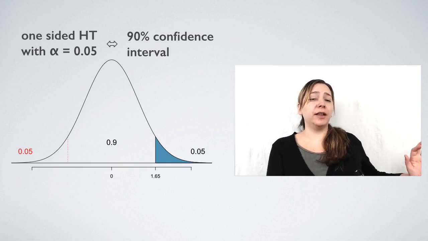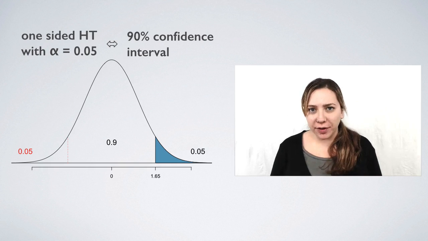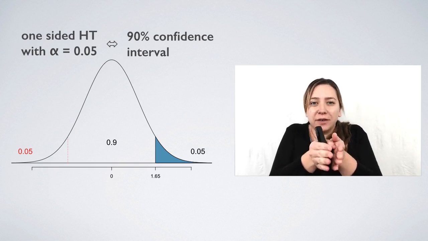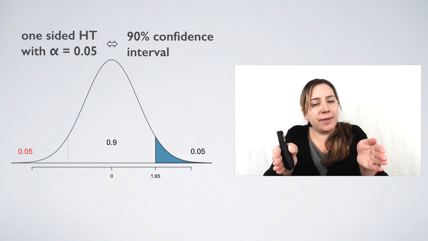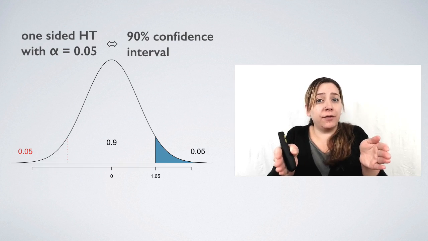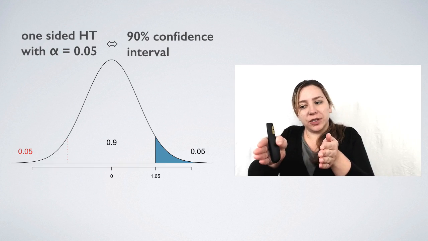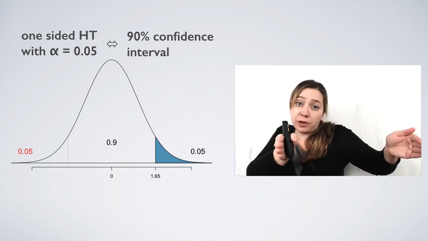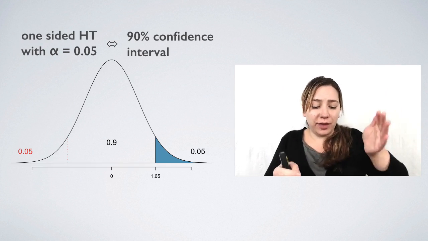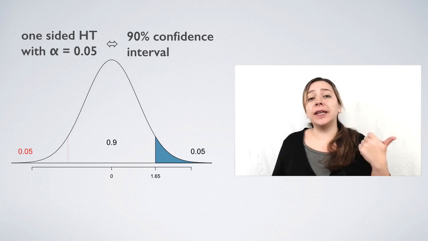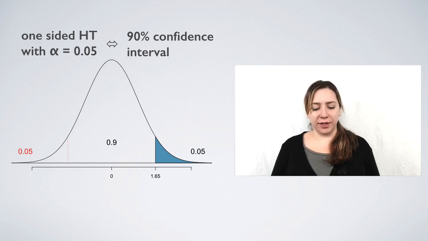While the lower tail in this figure is of no interest to us within the framework of the hypothesis test, confidence intervals always have to be symmetric. The confidence level is always about the middle whatever percent of the distribution, and we can't have a confidence interval that only goes a certain distance in one direction but more in the other. So we are actually going to need to think about the 5% in the lower tail, even though we're not going to use it for any decision making within the hypothesis test.